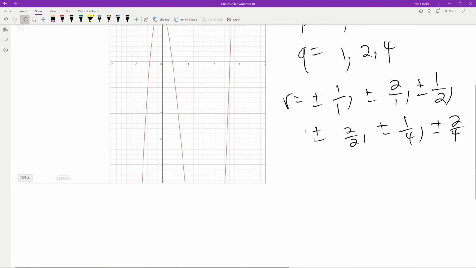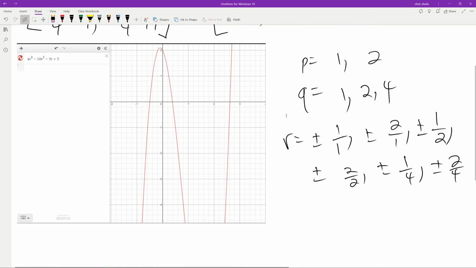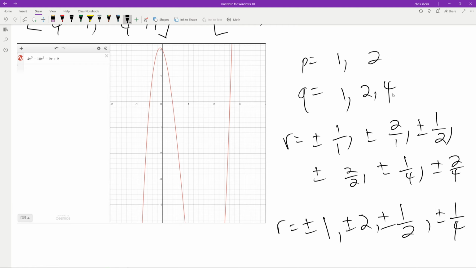This is plus or minus all possible p's over all possible q's. And I think this simplifies a little bit because some of these are the same, right? This is r equals plus or minus 1, plus or minus 2, plus or minus 1/2. 2 over 2 is just 1, plus or minus 1/4. And 2 over 4 is just 1/2 again. So really I just have these 8 possibilities, because I have plus and minus.